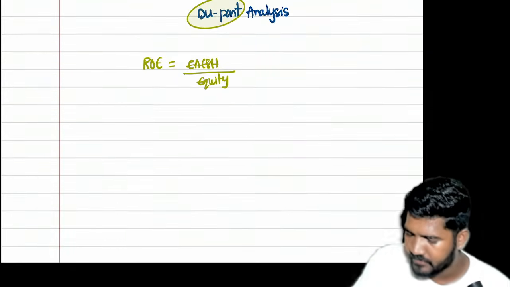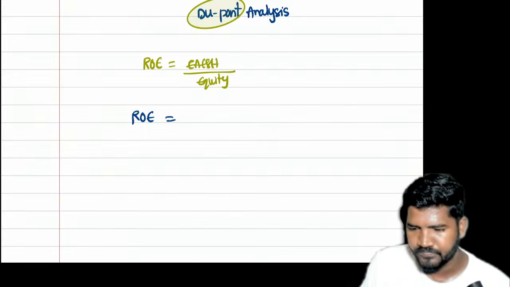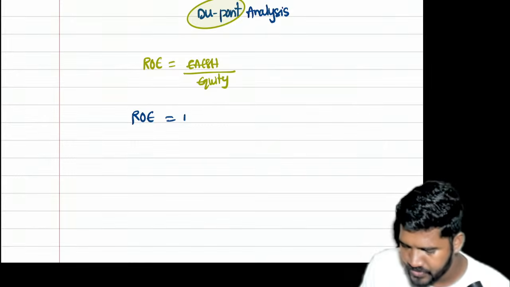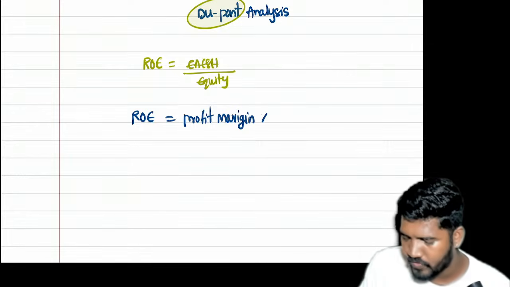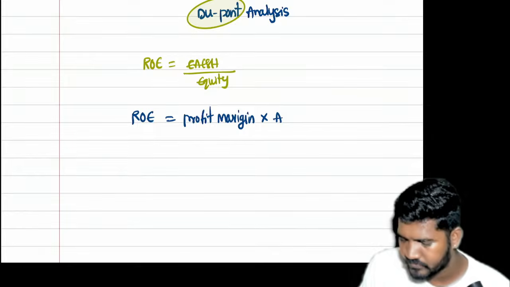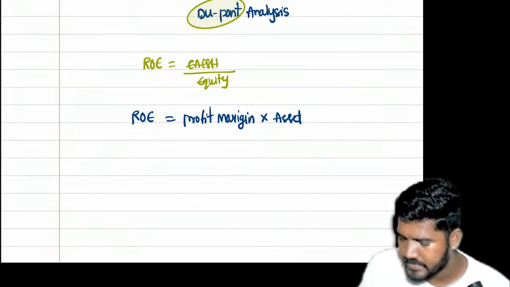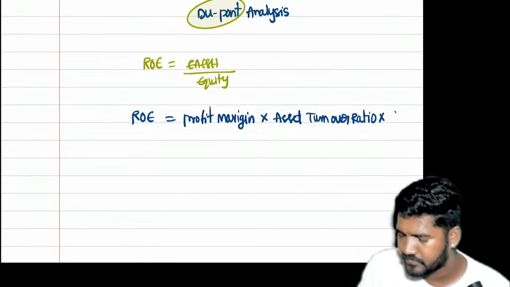In return on equity point of view, they used three components, three ratios. One is profit margin, another one is asset turnover ratio, another one is equity multiplier.